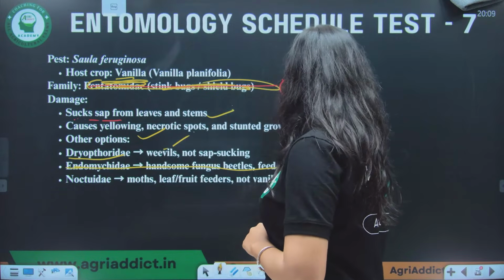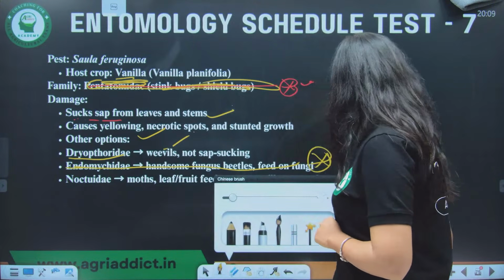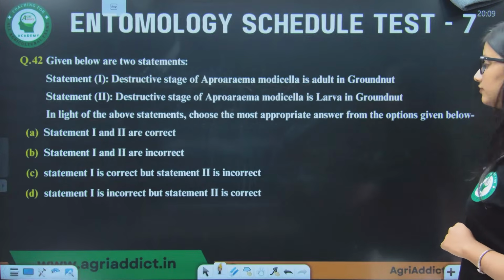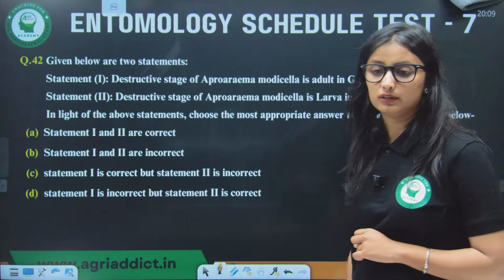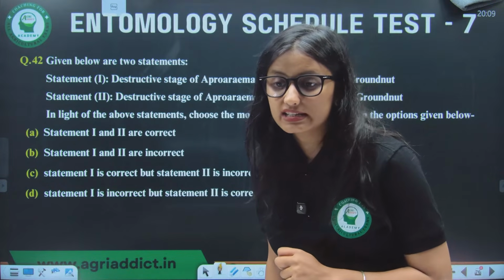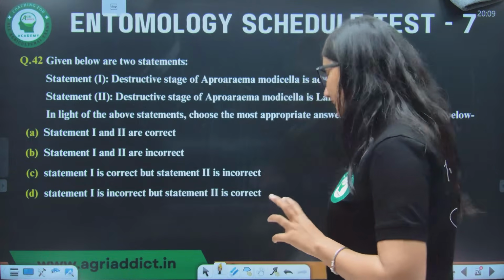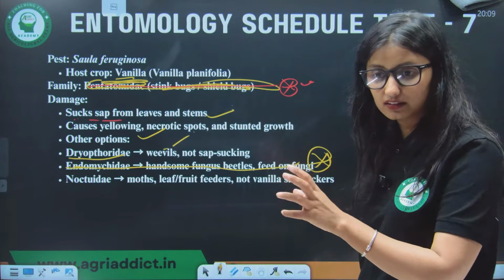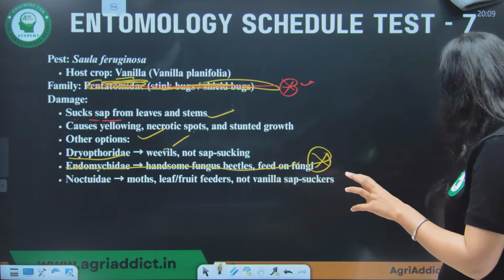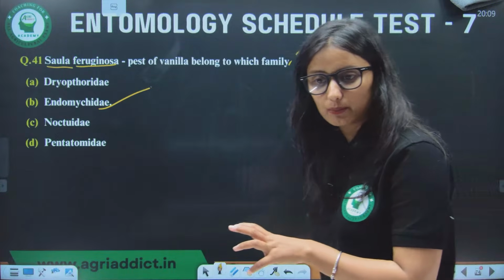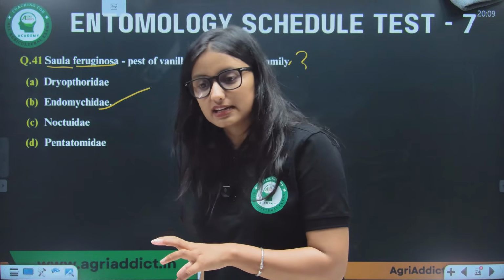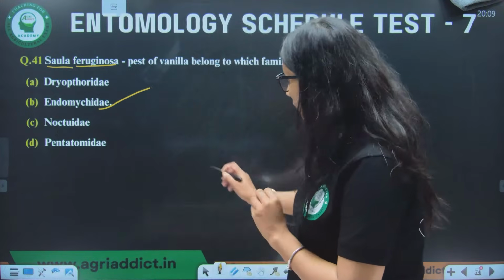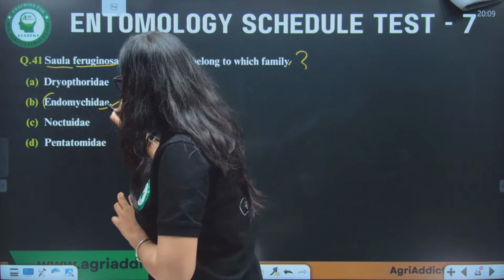This is not written correctly. I will correct this PDF and after that I will send it to you. It's D, Hannah. No. Pentatomidae is written in some places. Yes, this is again a confusing one, that somewhere it is written as pentatomid. Yes, it is written pentatomid, but now you will pick this one.